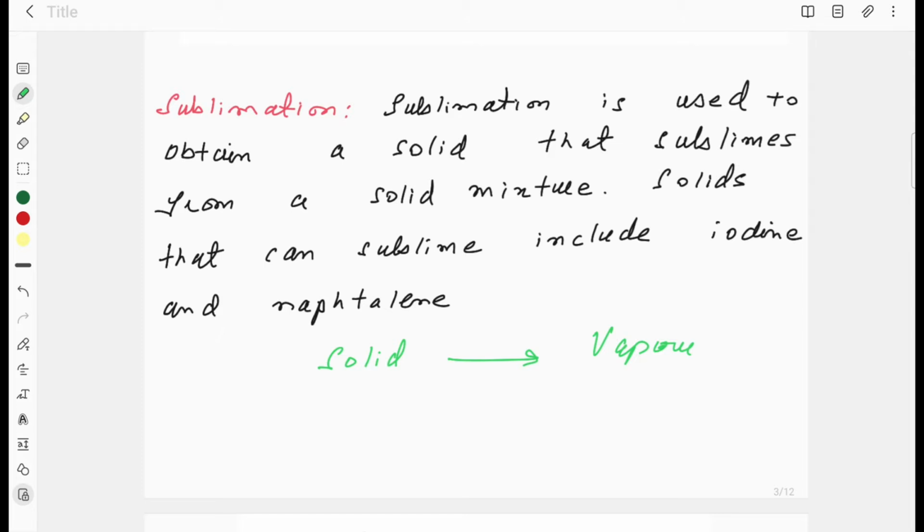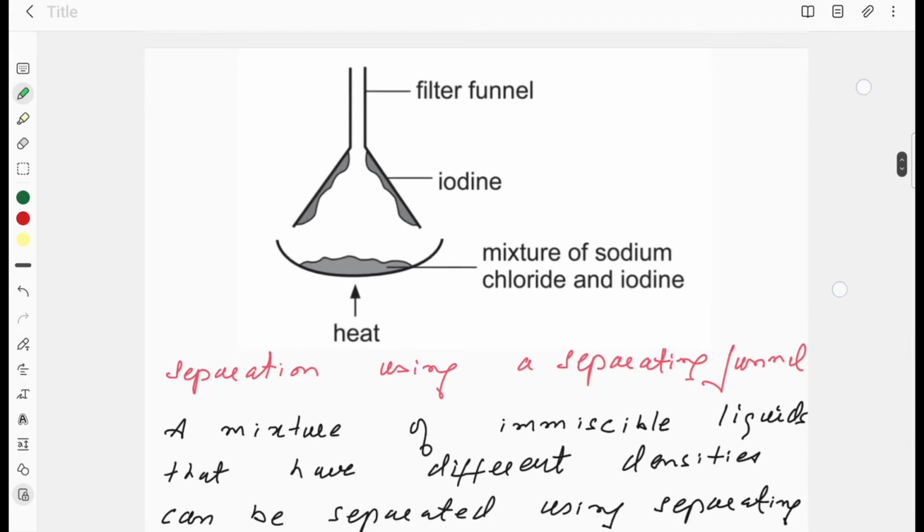So sublimation is used to obtain a solid that sublimes from a solid mixture. Suppose I am provided with a mixture of sodium chloride and iodine, keeping in mind that iodine can sublime while sodium chloride will not. If you heat the mixture, you will get vapors of iodine, which on cooling give you solid iodine.